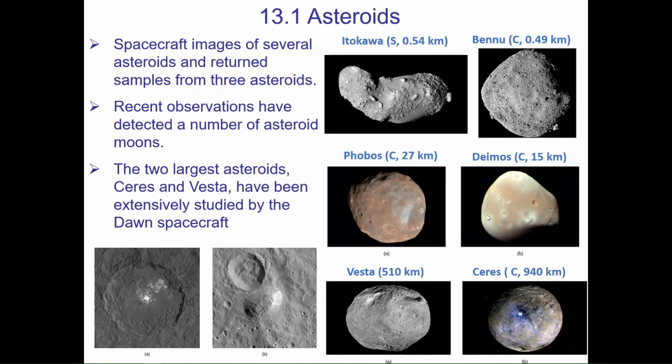Among all of the asteroids, two very large asteroids, Ceres and Vesta, have been extensively studied by the Dawn spacecraft. If you remember, we mentioned Ceres, which is the largest one, which is also the first asteroid discovered. Now you may have heard about Ceres because of its large size.